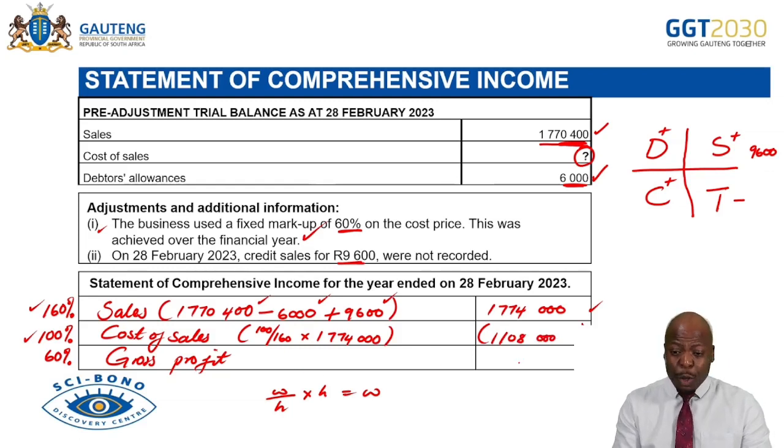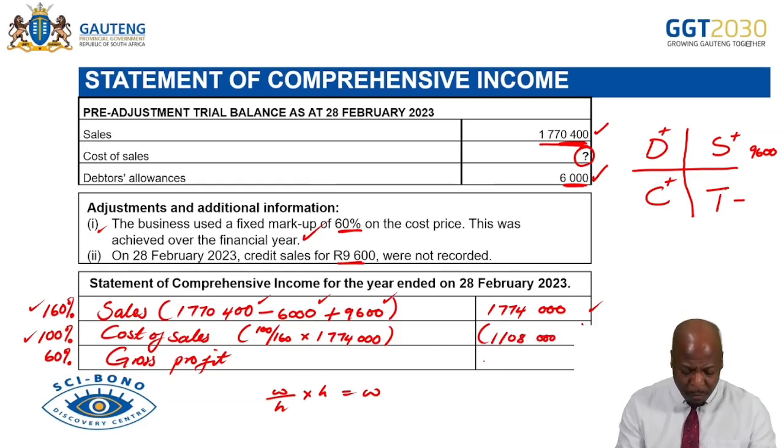So now we can get gross profit easily. How much is the gross profit? I want you to punch that in your calculators: 1,774,000 minus 1,108,000.